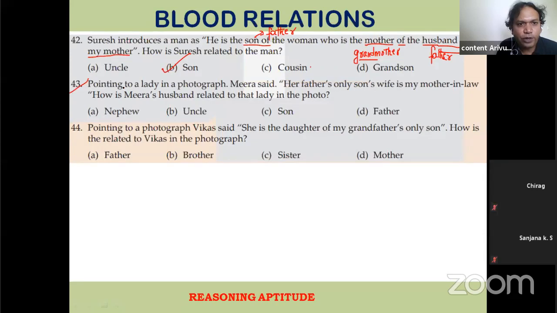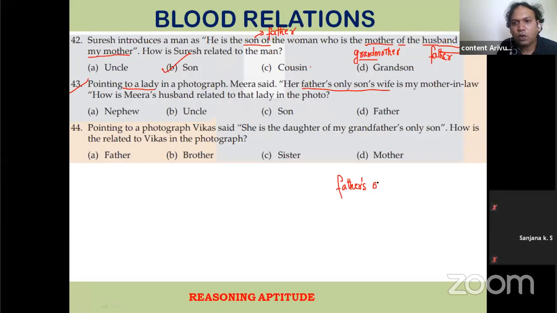First of all, she is pointing to a lady and she's saying her father's only son. Father's only son's wife. A father's only son means what? Just now we have studied those points.